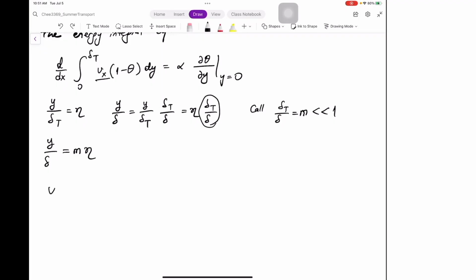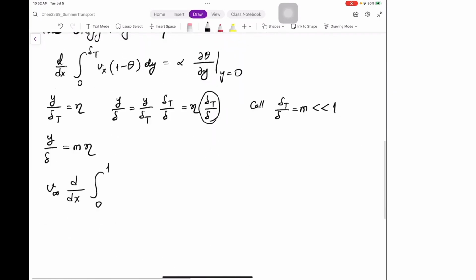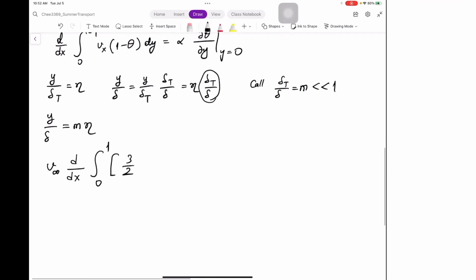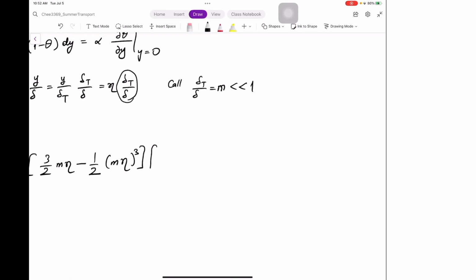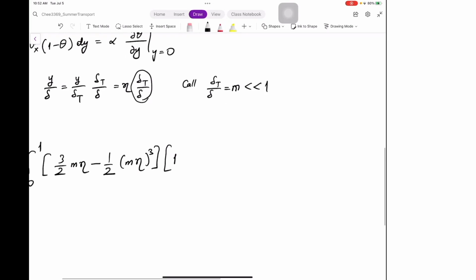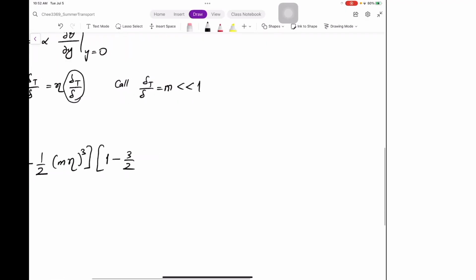So I should get V infinity d over dx integral from 0 to 1 of Vx over V infinity, which we know is 3 over 2 m eta minus 1/2 m eta cubed, times 1 minus theta, which is 1 minus 3 over 2 eta plus 1/2 eta to the third power, and then dy is equal to delta t d eta.